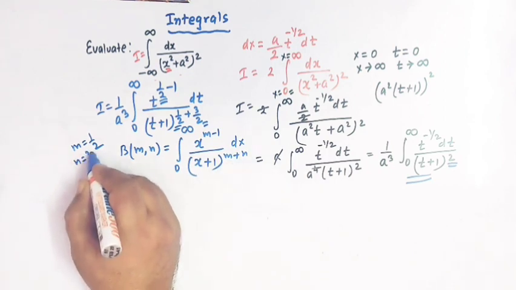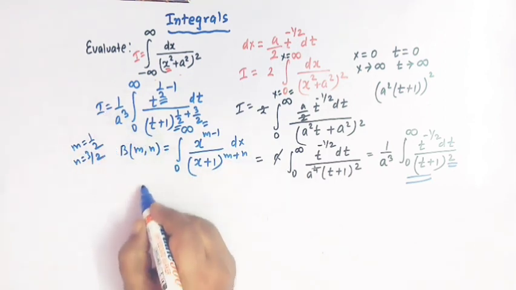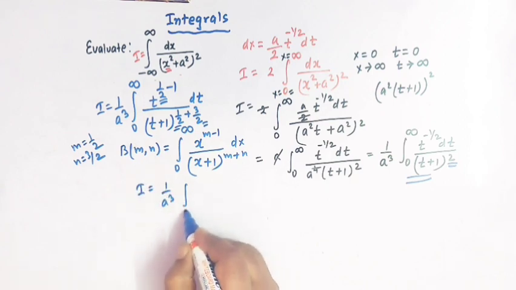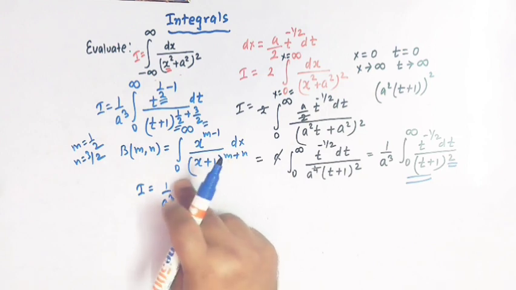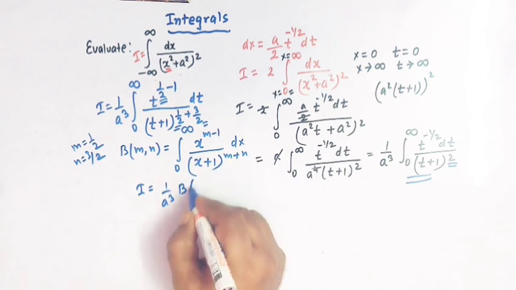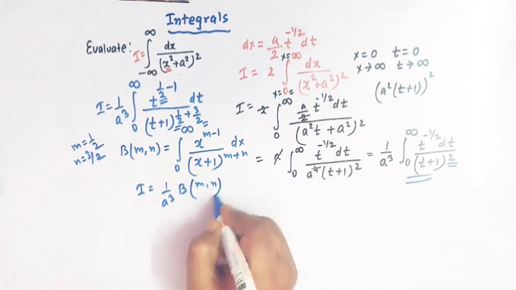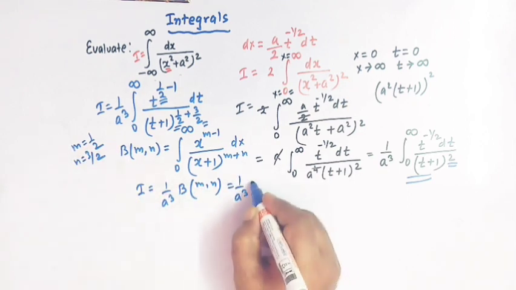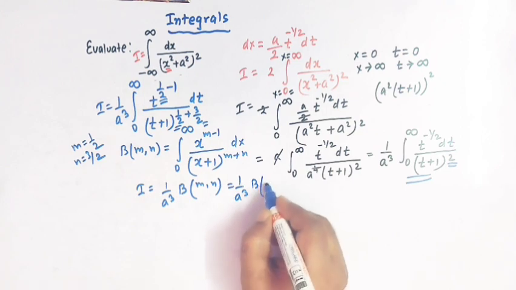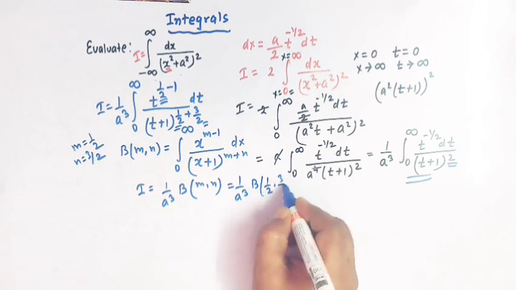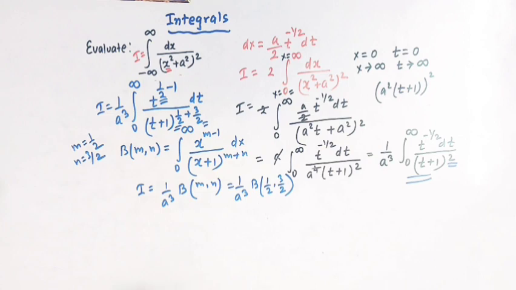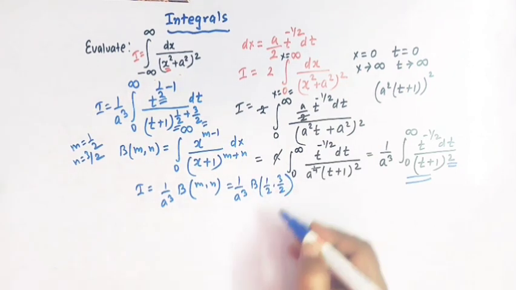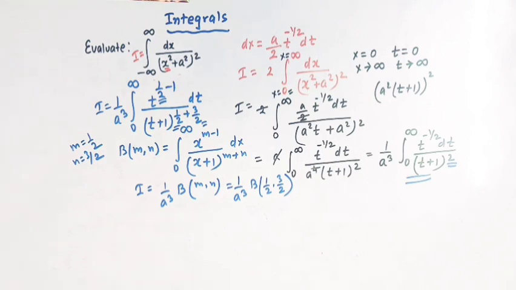So the integral I can be written as 1 over a cube times beta of half comma 3 by 2. Now we have to calculate the value of beta of half comma 3 by 2.